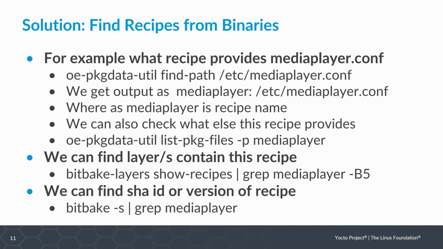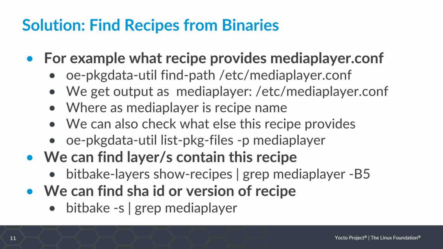Then I also wanted to check how many other files or binaries this particular package provides. We can use oe-pkgdata-util list-pkg-files and input the recipe name, and we'll get the list of all the packages provided by this particular recipe.